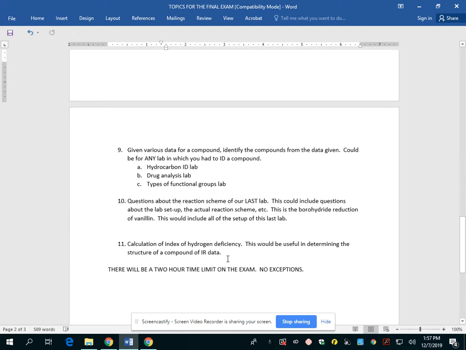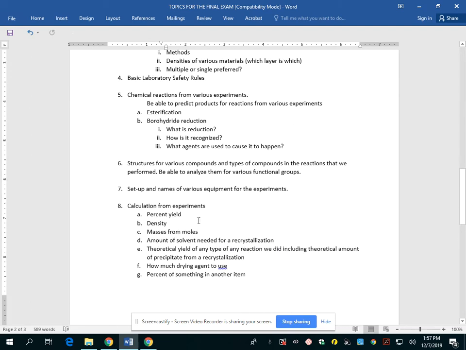Obviously, we've got some calculations that you have to do. Percent yield calculations. There might be a density problem, converting mass to moles or moles to mass. Calculation of how much solvent you would need for a recrystallization. We talked about that in one of the experiments. You had to do the calculations where you do a ratio if you know the solubility of the compound. You can set that up for the amount of material that you have.